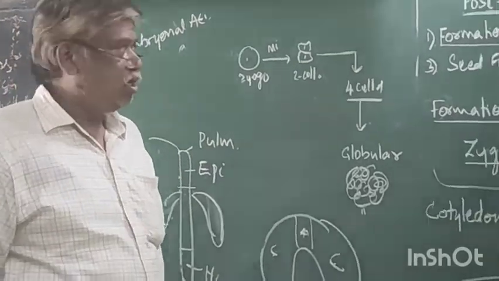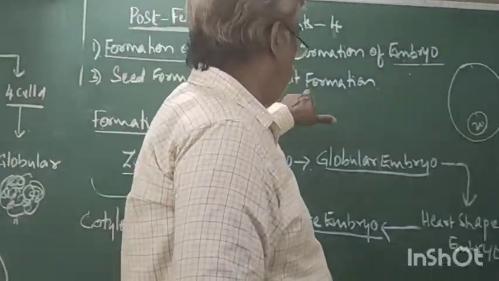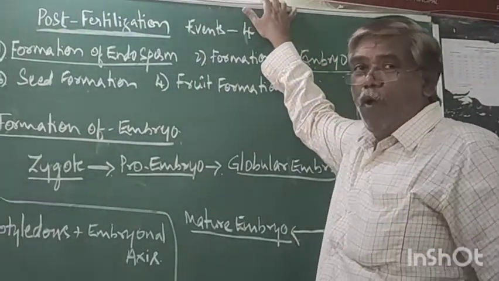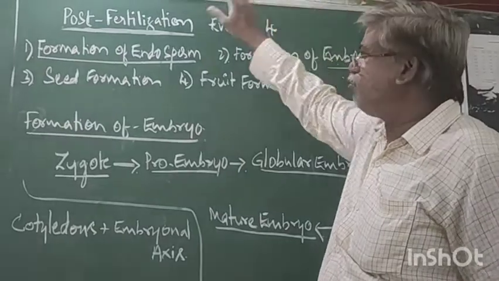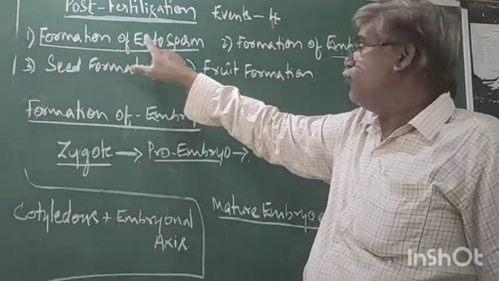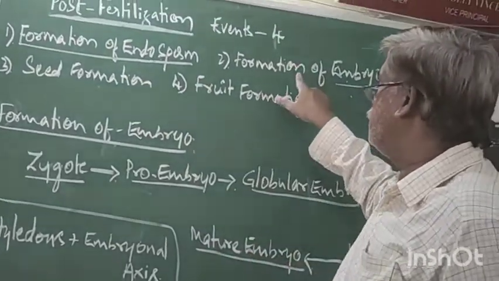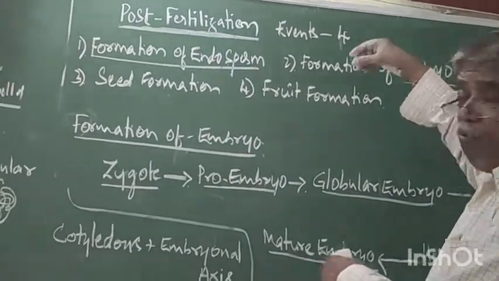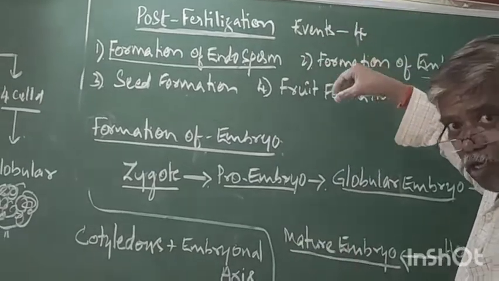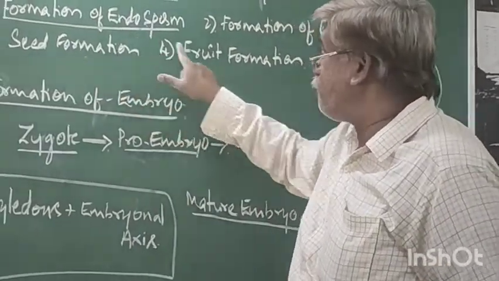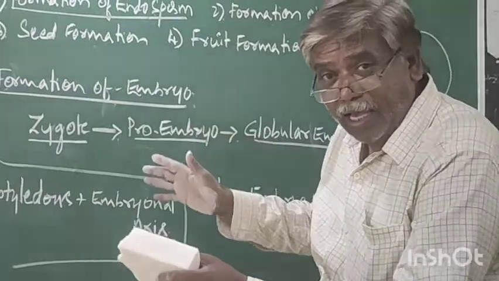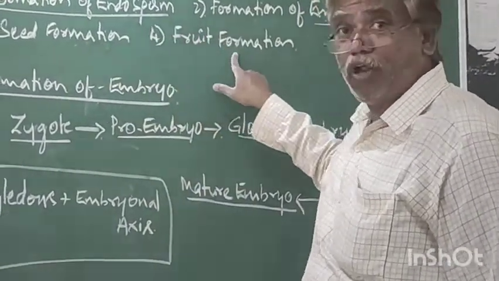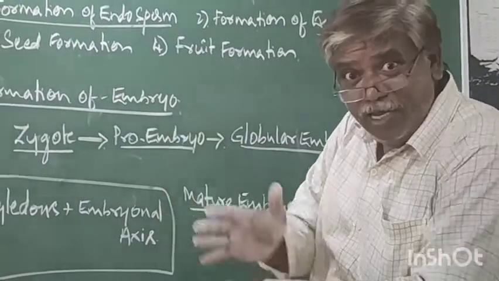Right. The next ones are seed formation and fruit formation. Now, how many total events? 4. Among these 4, the first event is the formation of the embryo. During embryo formation, seed formation and fruit formation occur simultaneously.